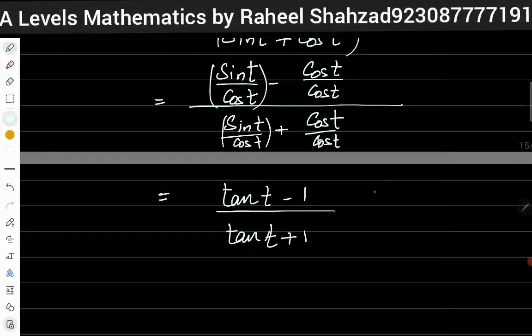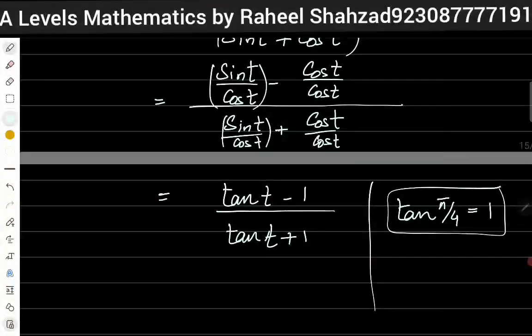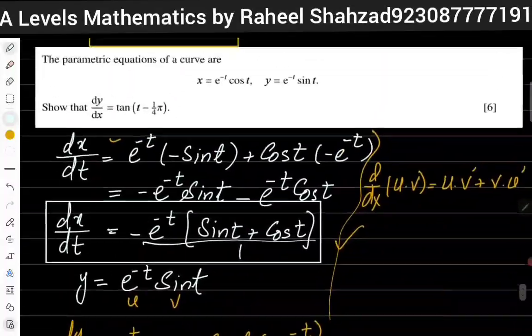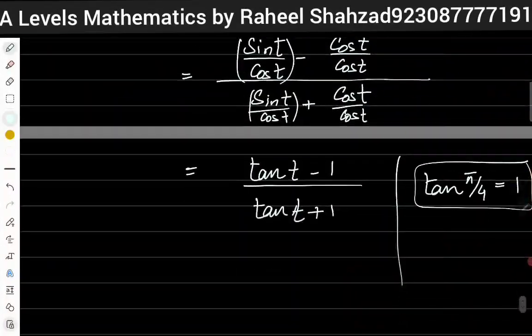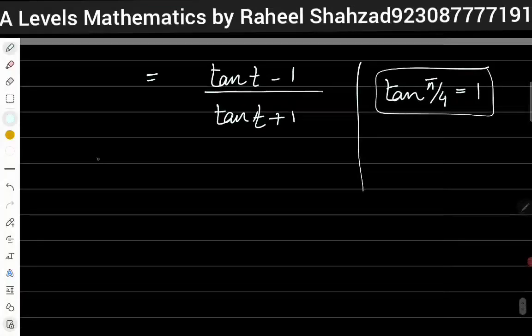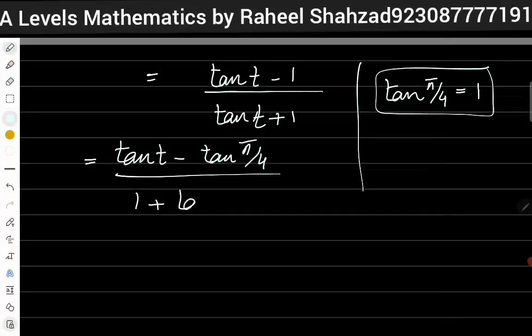Now in this particular question, you should remember that tan pi by 4 is 1. I'm using this because in the question we have pi by 4, right? So here we go. I can express it as (tan t minus tan pi by 4) divided by (1 plus tan t tan pi by 4), because tan pi by 4 is 1, so it can be expressed in this way.